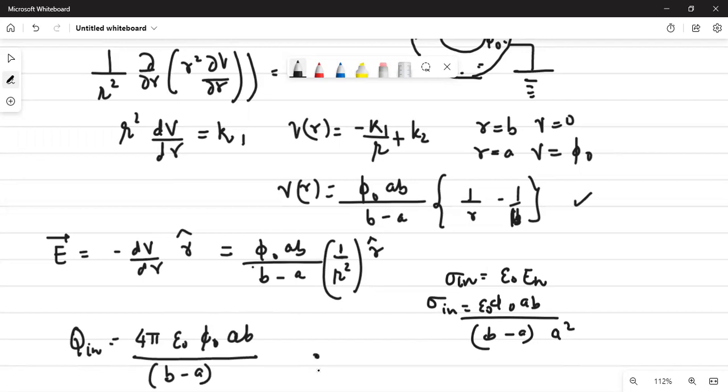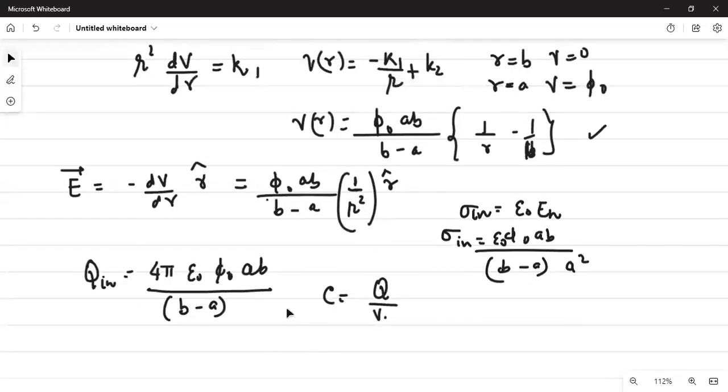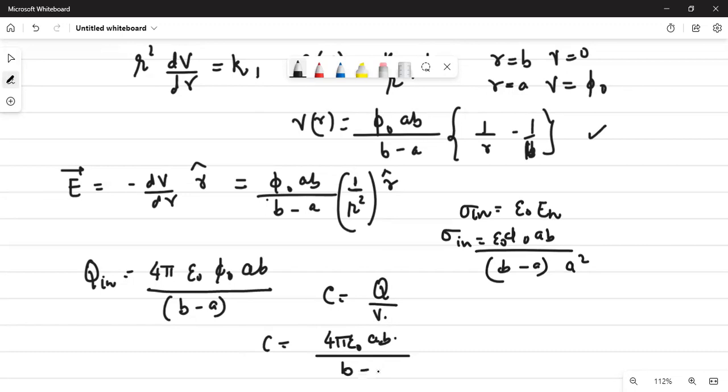And if I want to find the capacitance of this spherical capacitor, it will be the total charge divided by the potential difference between these two plates. The potential difference between these two plates is phi naught. So overall, the capacitance would be 4π epsilon naught ab divided by (b minus a).